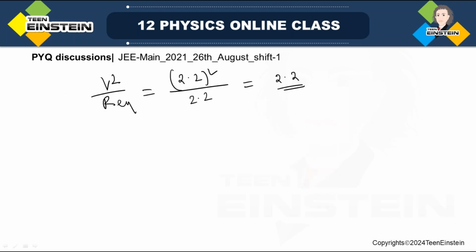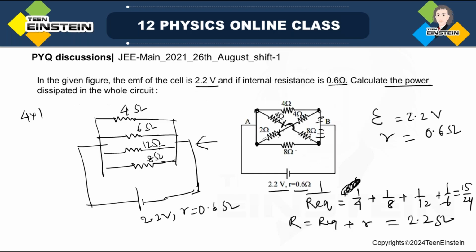So now this will be 2.2 watt actually. This is the power dissipation, so 2.2 watt. All right, so this is the answer for this question.